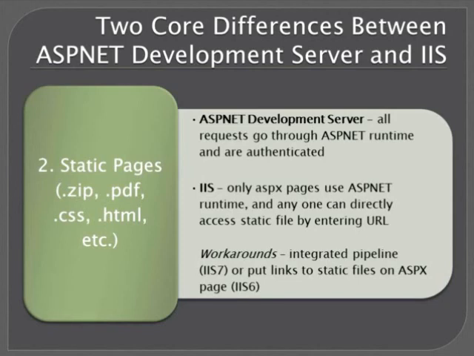But if you're not using IIS 7, using IIS 6, then one option would be to create an ASP.NET page and put the links to your static files on that ASP.NET page, and then put the ASP.NET page in a secure folder. That way they can only get to the ASP.NET page by going through the web forms authentication, and then once they get there they can click on the links to get to the static files.